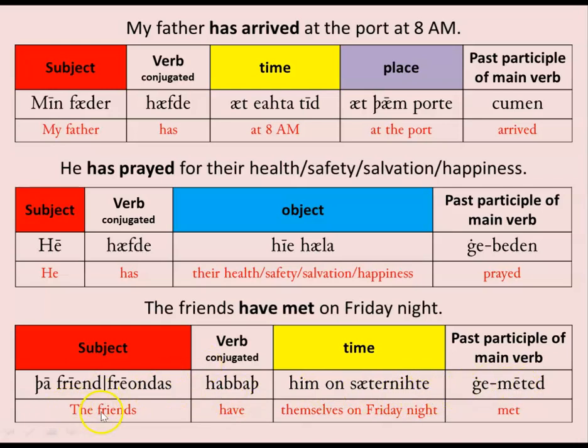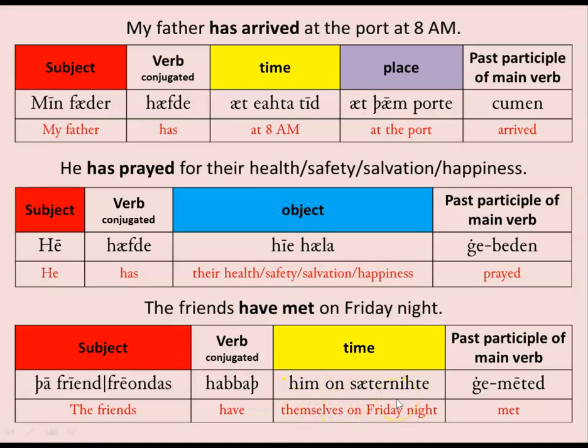The friends have themselves on Friday night met. Him here is them. It appears here because it's referring to him on Saturnichte. Now, him plural, this is dative plural, it's a location on Saturday night, so we've used the dative here to talk of themselves.